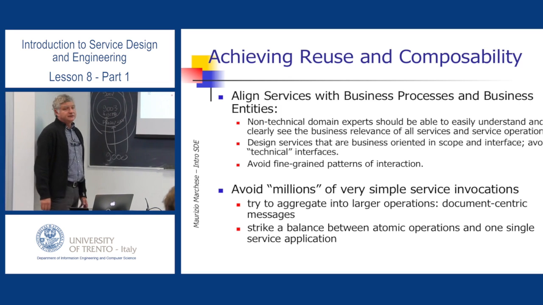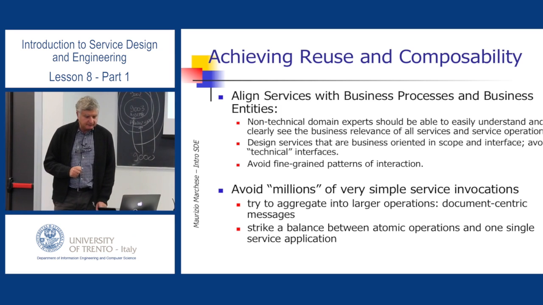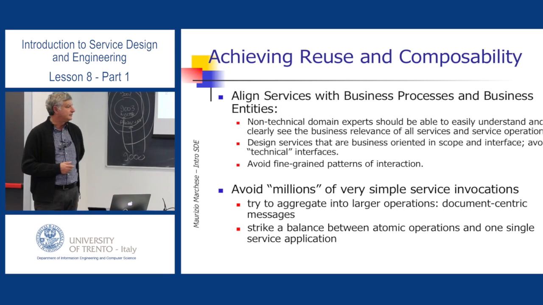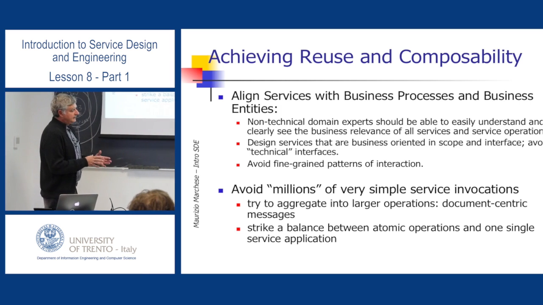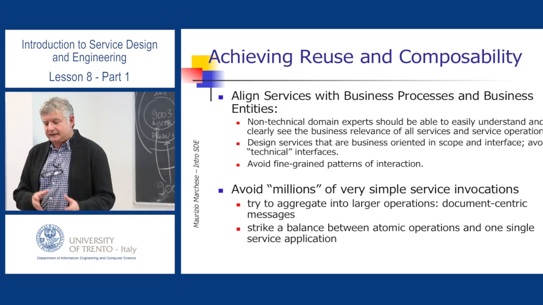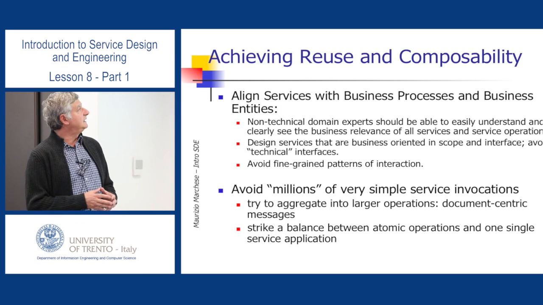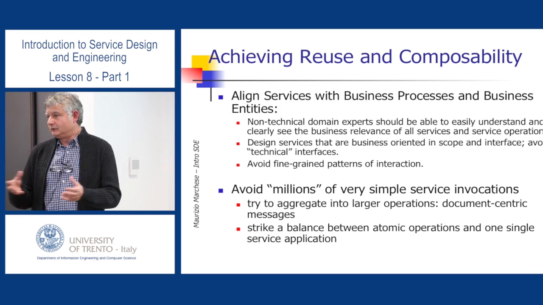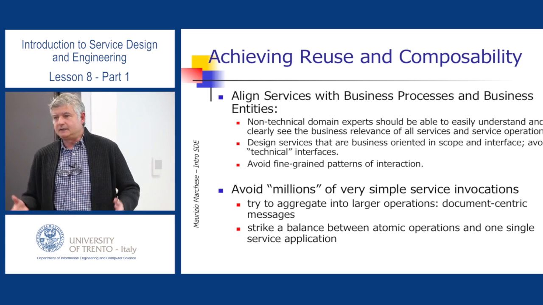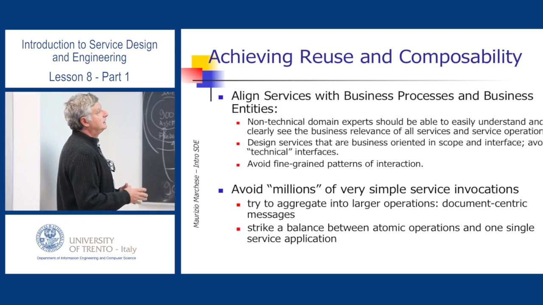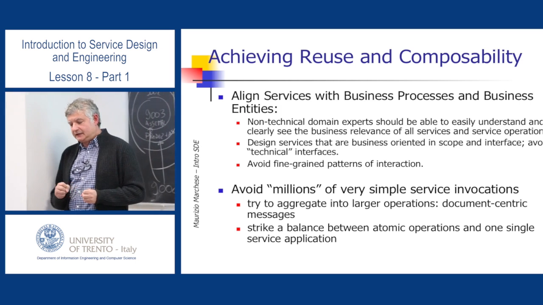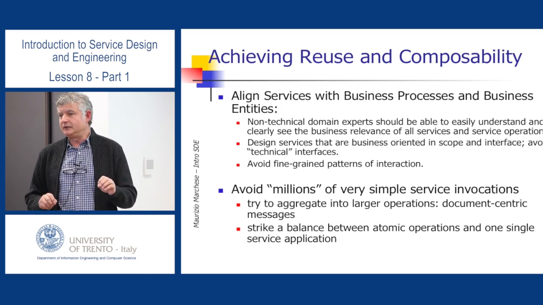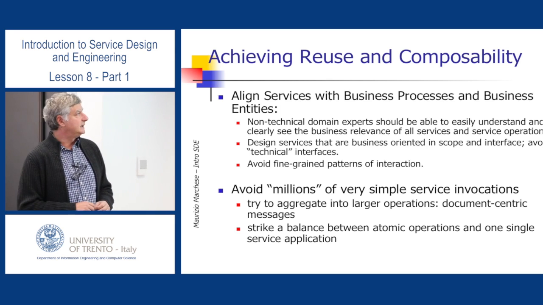The best way to achieve reuse, and here there is a very big similarity with object-oriented programming, or maybe component programming, is to be able to identify easily both the entities that are involved in your application domain, let's say business domain, and the interaction between these entities that needs to be modeled again as messages.